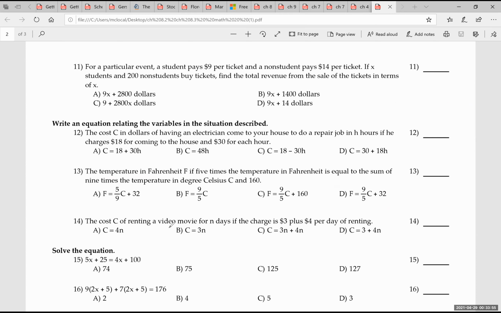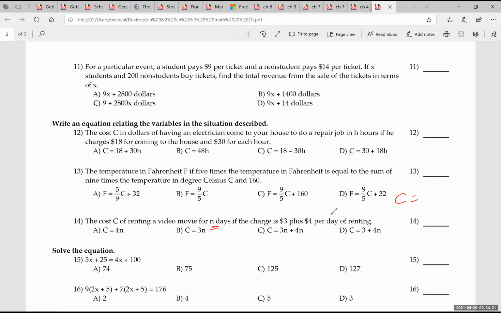All right. Problem number 14 is like 12. They're saying the cost C of renting a video movie for N days if the charge is $3 plus $4 per day of renting. So per day is given as N, right?